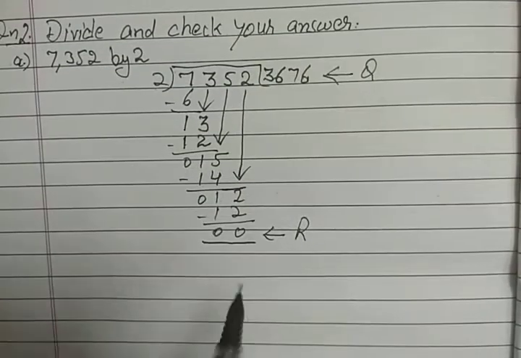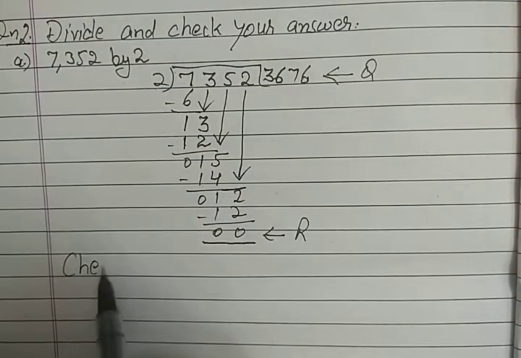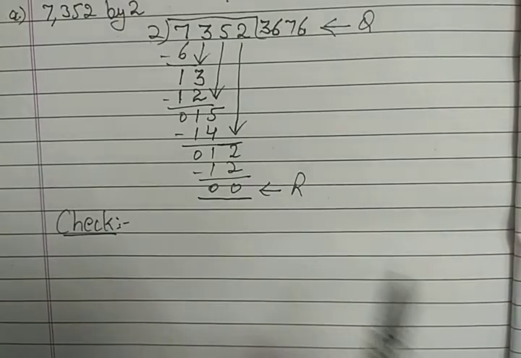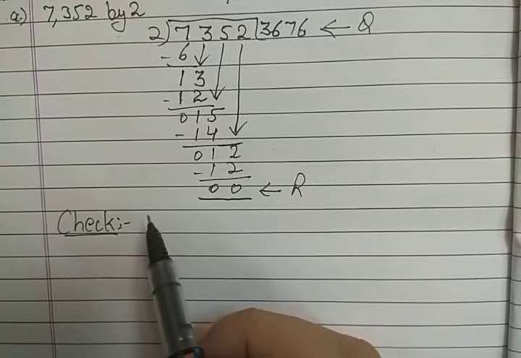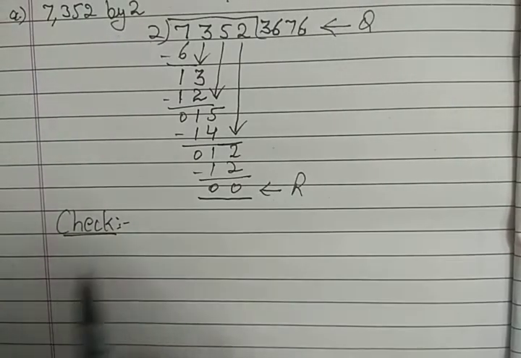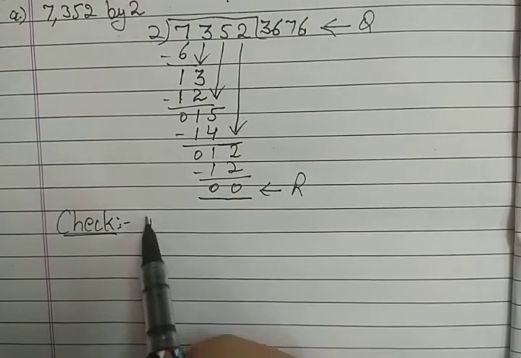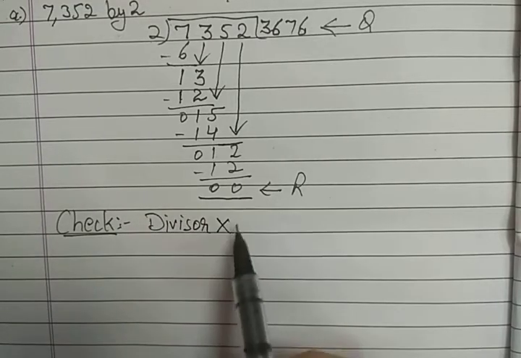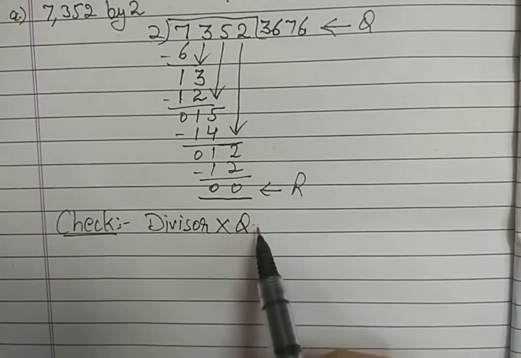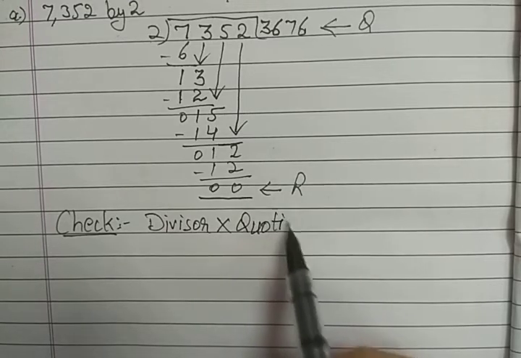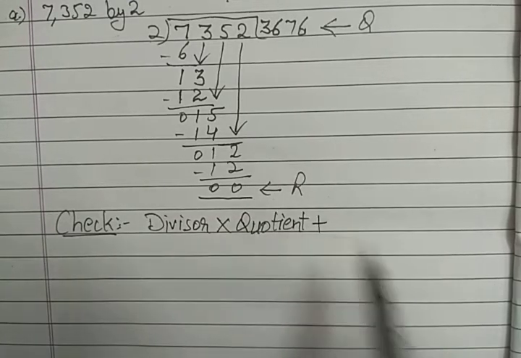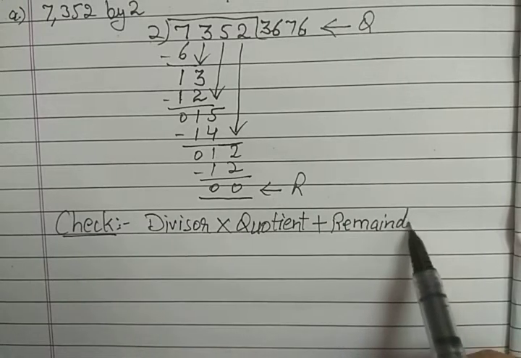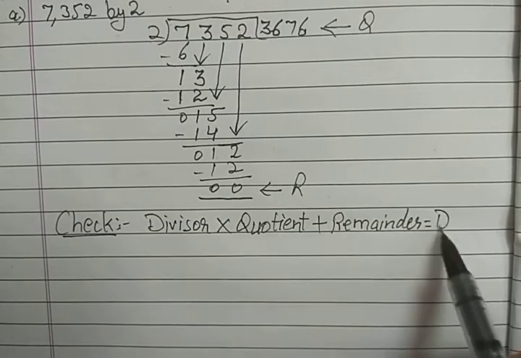Now we have to check our answer. How can we check the answer? Do you remember the relation? Yes, the relation is divisor multiplied by quotient plus remainder is equal to dividend.